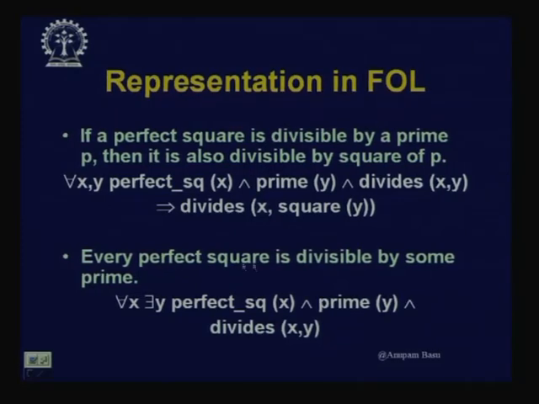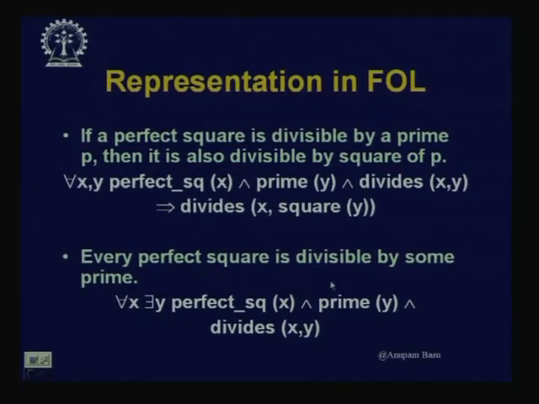Next, every perfect square is divisible by some prime. Now, since there was every perfect square, for all x, perfect square x, there is some prime number which divides it, right.